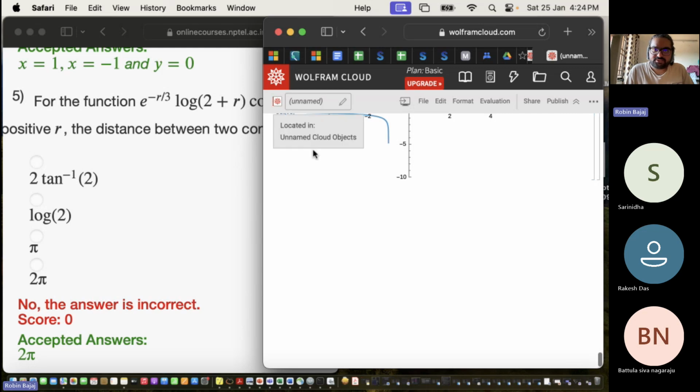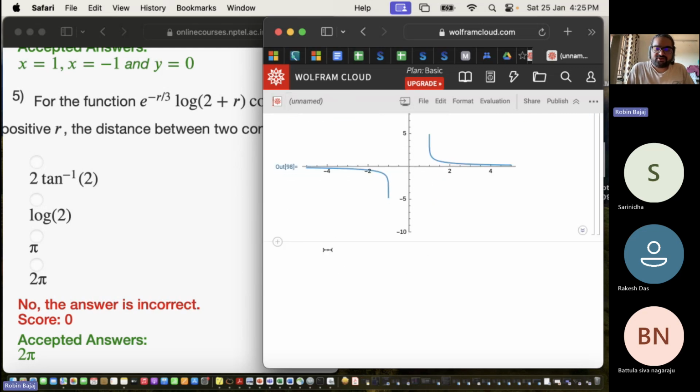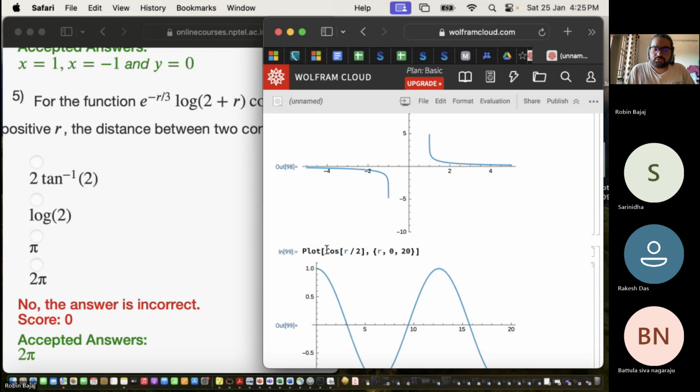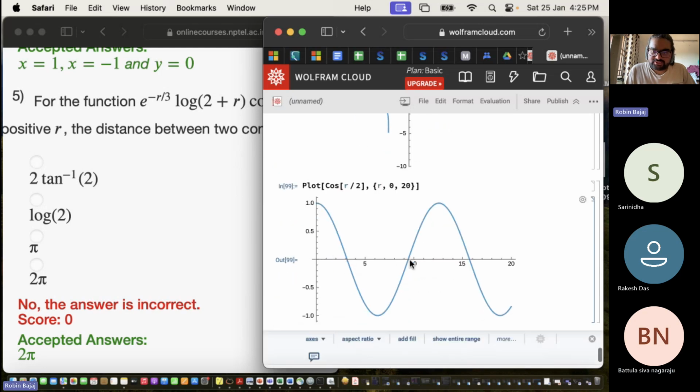Okay. So now for a 4 pi function, the cos would look like, okay, let's just do it. First, I will plot cos x by 2 from x 0 comma 20. Okay. So if you see the difference between two zeros, it's around 6.28, because this is 6 and then 0.28. So that is 2 pi. So 2 pi is the distance.